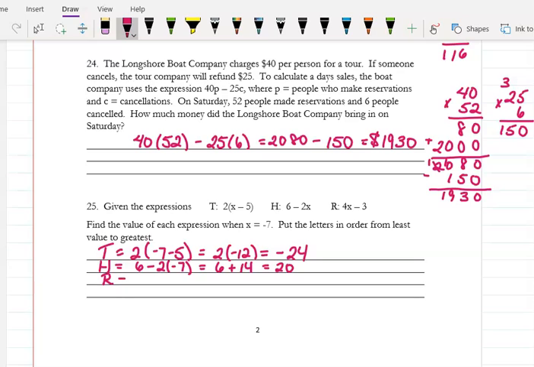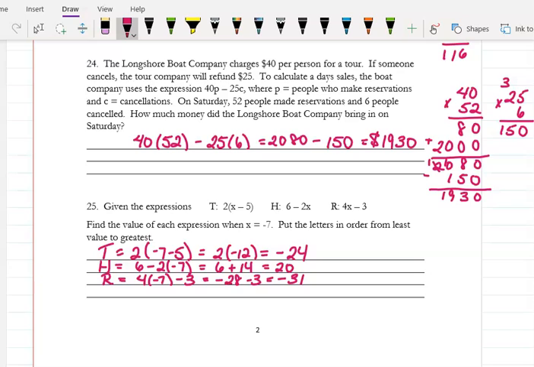And R, 4 times negative 7 minus 3. So multiplying 4 times negative 7 is negative 28, minus 3. Now those are again both negative, so we're going to add them together and keep it negative, 31.